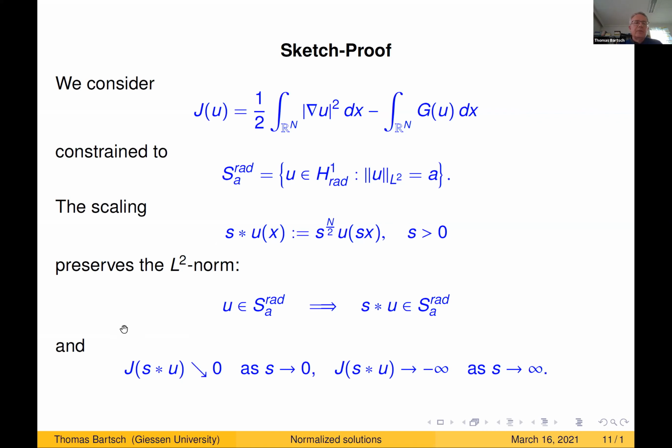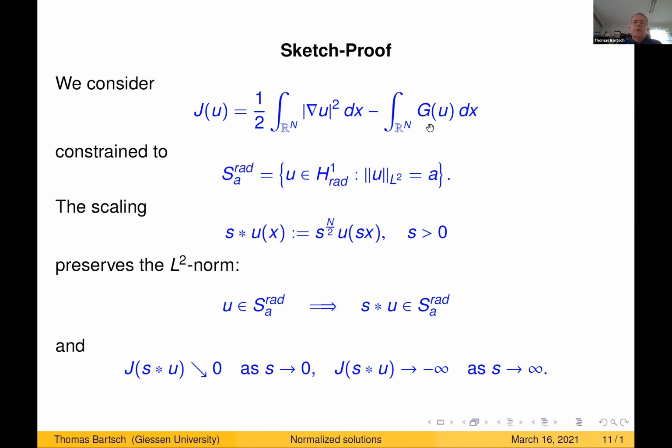And you can easily check what the functional does if s converges towards 0 or towards infinity. Namely, if s converges towards 0, then J of s star u is positive and also converges towards 0. And if s converges towards infinity, then J of s star u converges towards minus infinity.